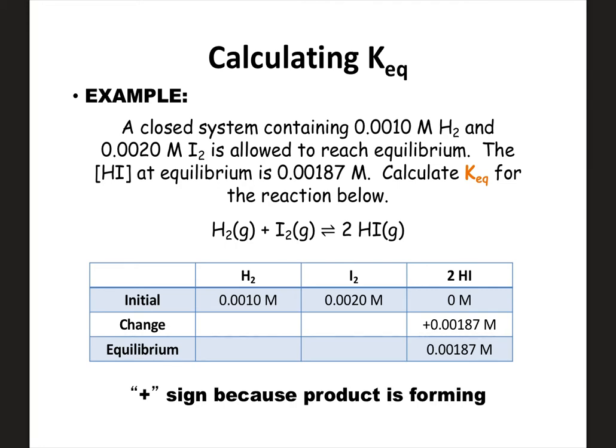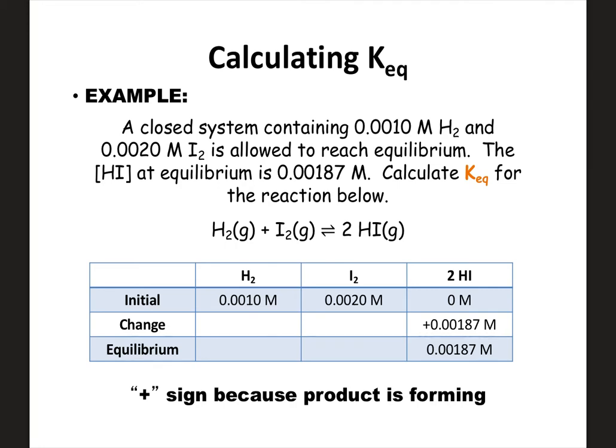I'm starting with reactants, I'm forming products, so the product is going to be positive. Your reactants are going to be used up, so the reactants would be negative for the change. It's very important that you understand what's forming and what's being used up here. But do you see how, because we knew initially this was 0 and we knew its concentration at equilibrium, we were able to determine the change here for the HI.